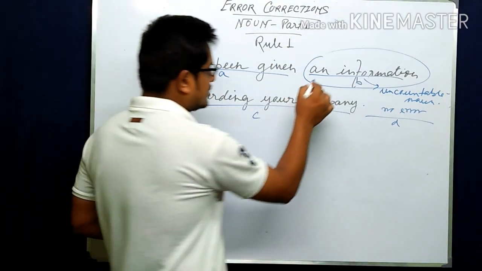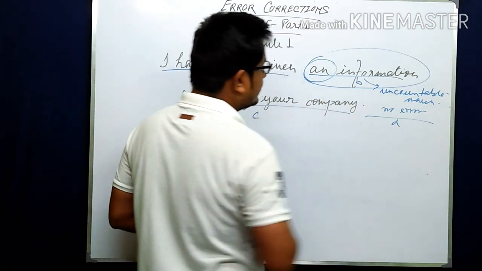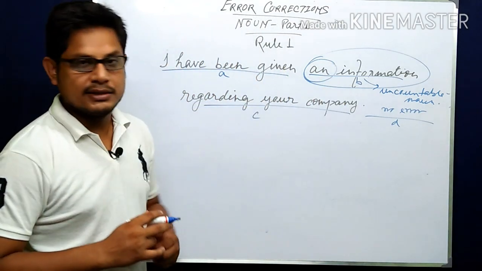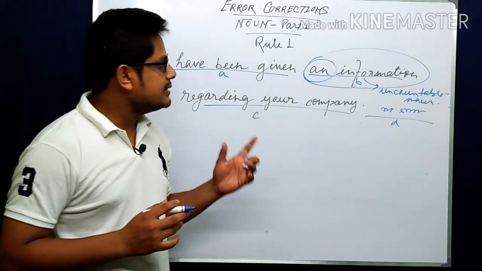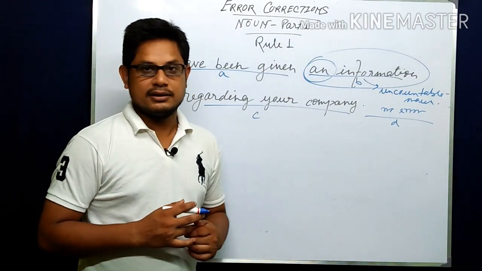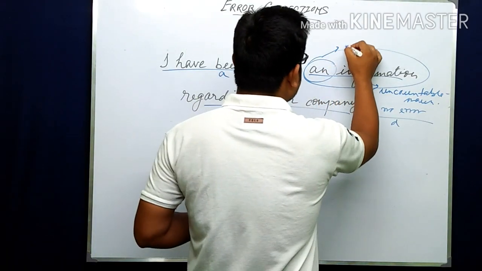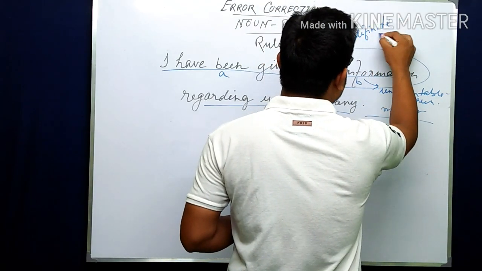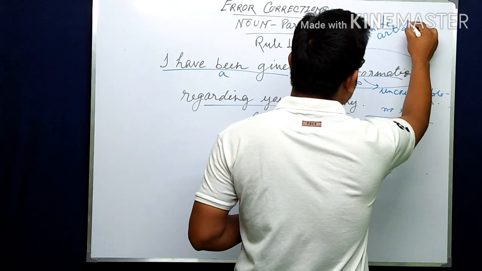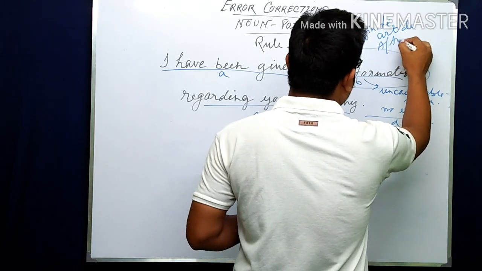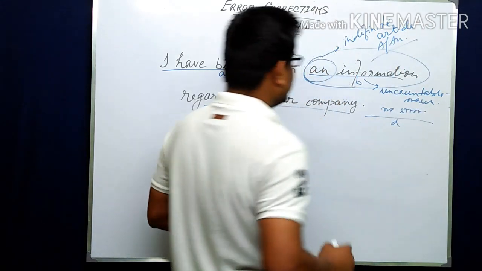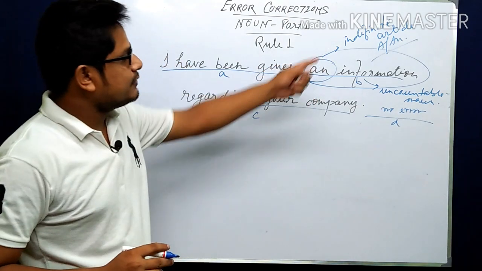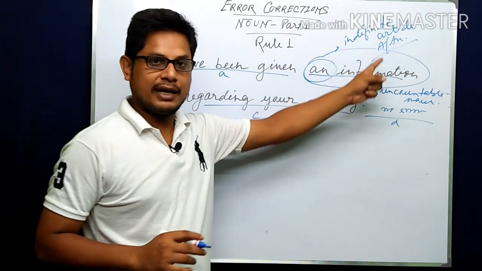But what's the error? The error is this part, an. Now you know an is an article. But what kind of article? It is an indefinite article. A and an. So the indefinite article is a or an.